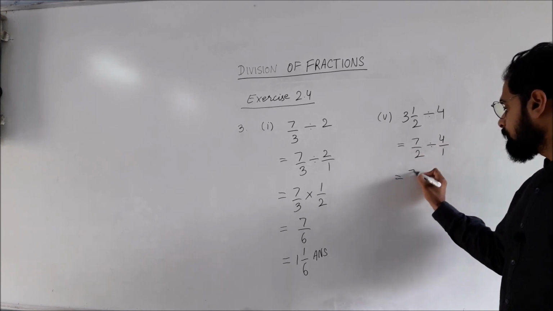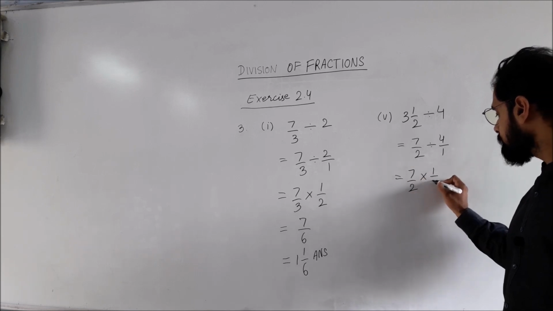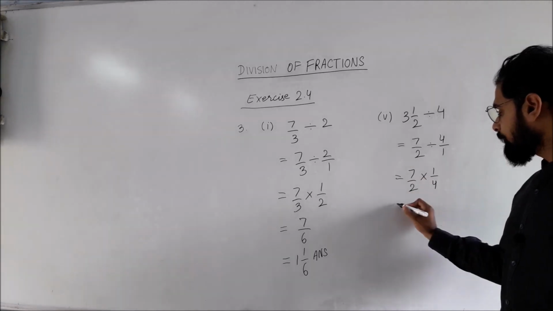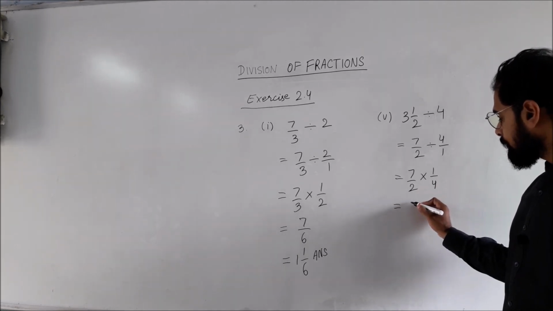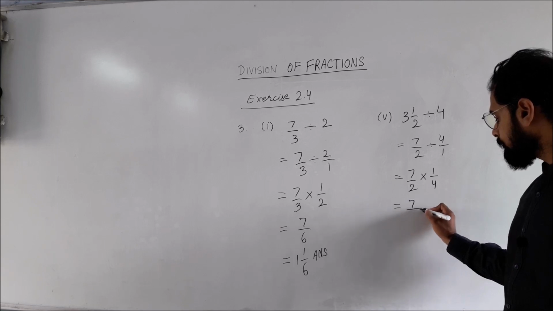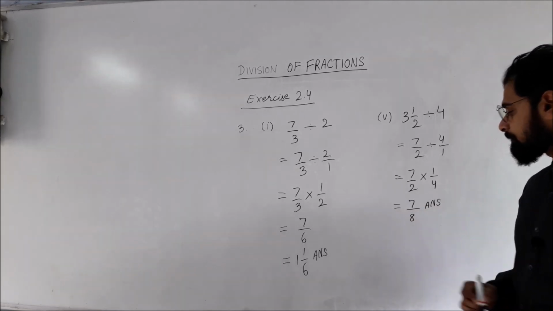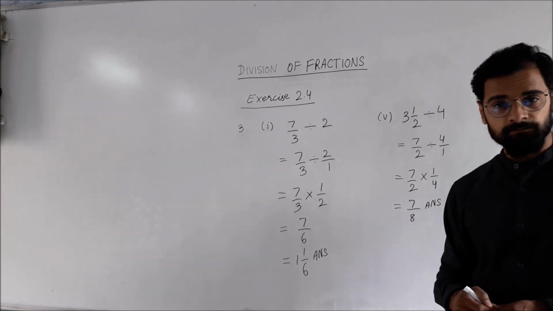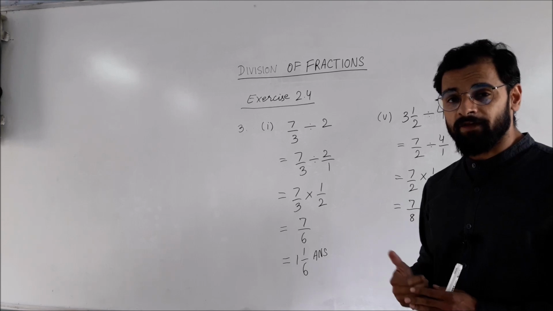Now division will be changed to multiplication, 4/1 will become 1/4. Now we will multiply numerator with numerator, denominator with denominator to get the answer as 7/8.